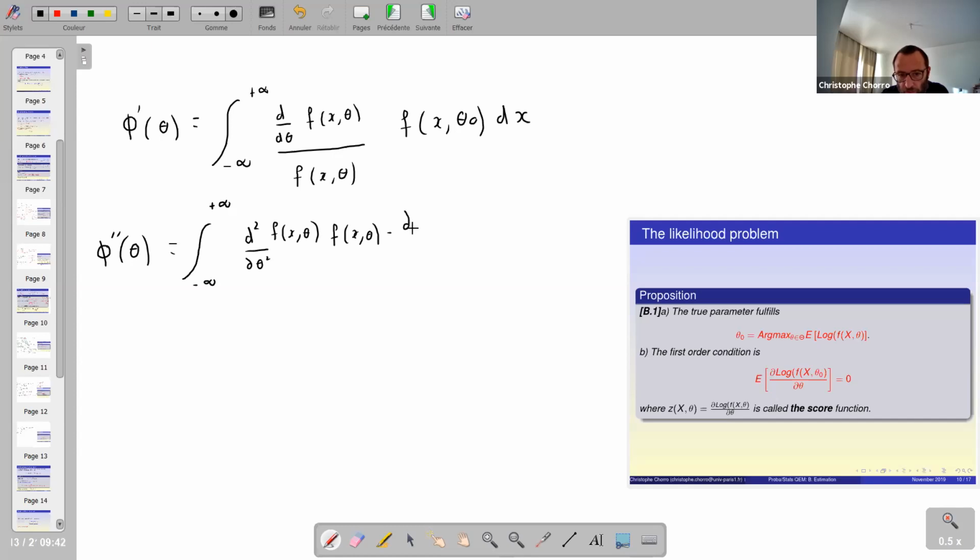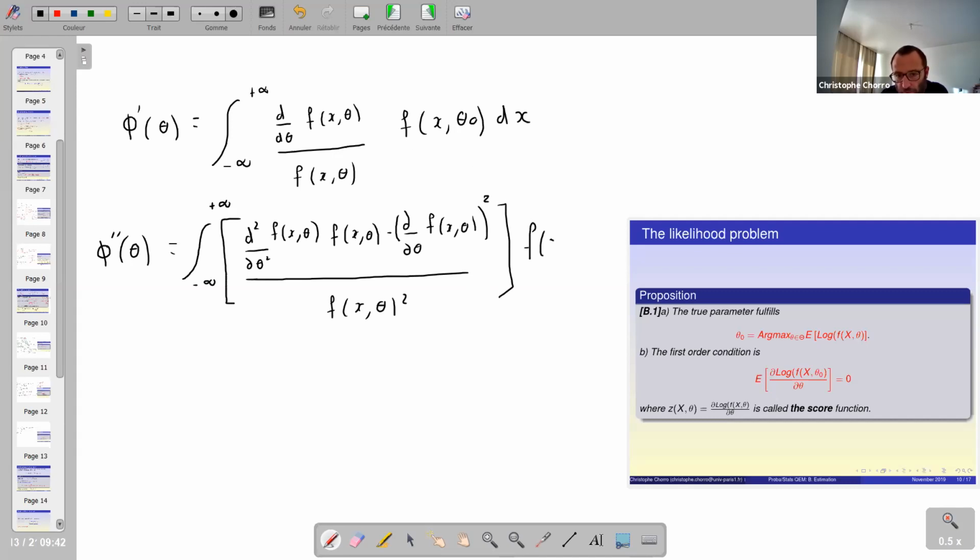So I have this one, d over d theta f of x theta, and I have a square here, over v square. This one is just this quantity multiplied by the true density function, that is this one.